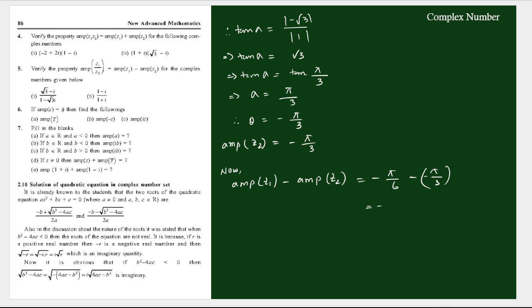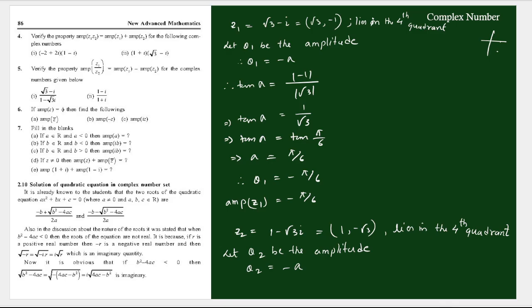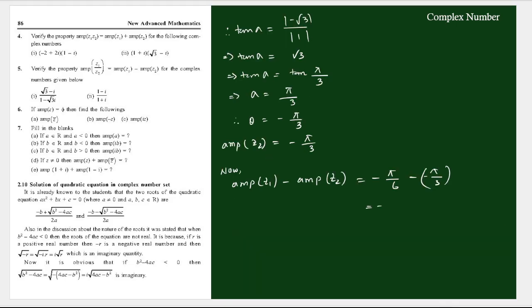It is minus pi by 6, right? Yes. So minus pi by 6 minus minus pi by 3, which is plus pi by 3. If you take common denominator 6, this is minus pi plus 2 pi. We get only pi. 2 pi minus pi is pi. So we get pi by 6. This is number 2.